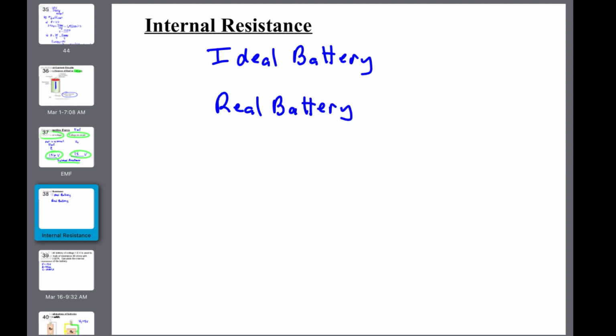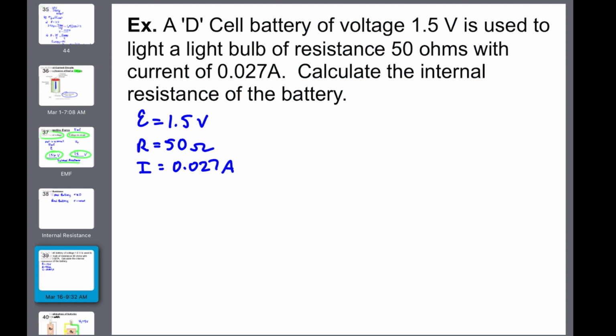For ideal batteries, that internal resistance is essentially zero. So then the EMF matches the terminal voltage, or the voltage delivered to the circuit when things are running. In a real battery, that internal resistance has some value, typically very small, and so you're going to deliver a voltage to the circuit that is a little bit lower than the EMF of the battery.